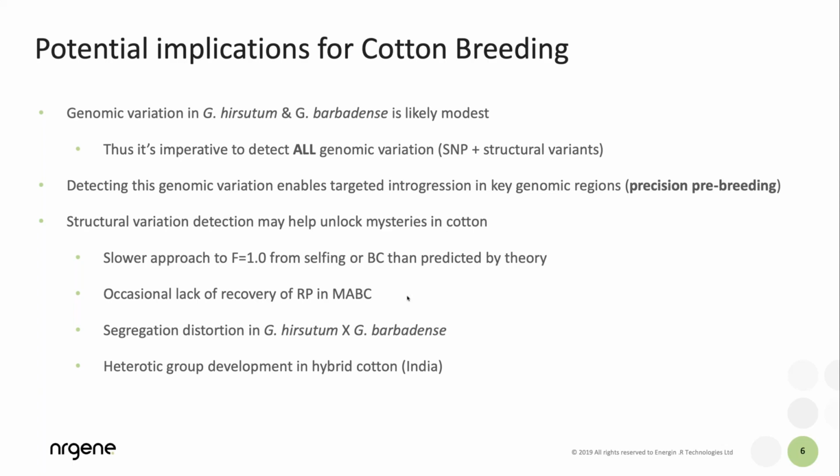As you do a GWAS, look at all the variation, SNPs and indels and structural variation. I think in some crop species there's a disproportionate amount of structural variation that's associated with QTLs.